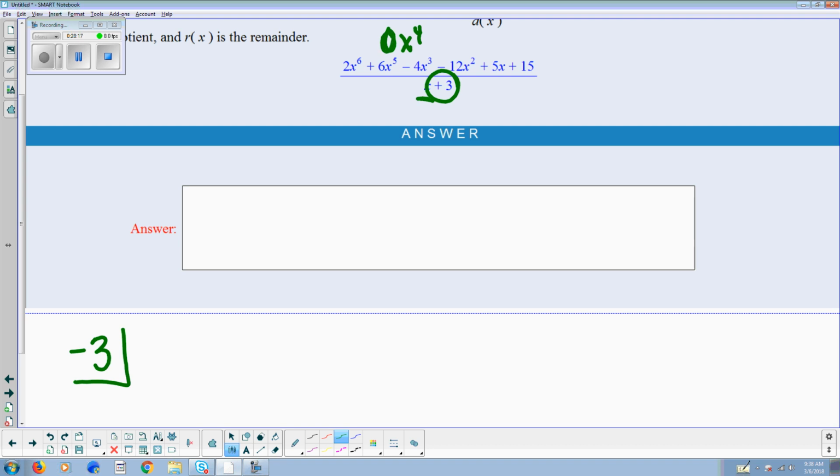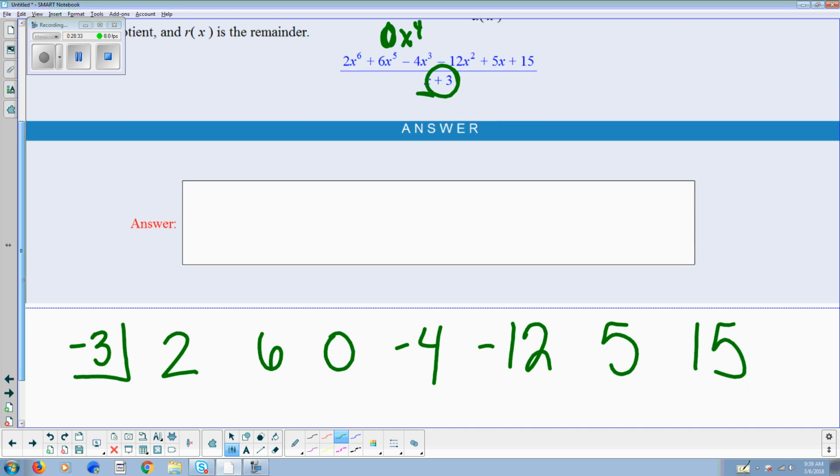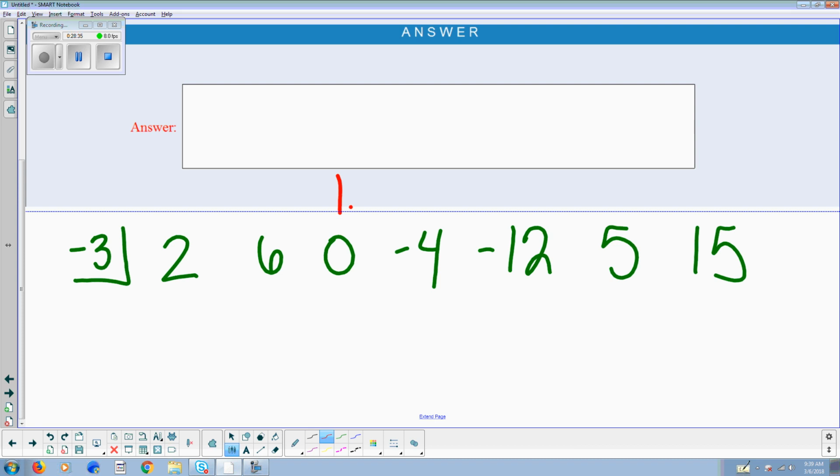So I will have a 0 coefficient in my work. So I'm going to say 2x to the 6th plus 6x to the 5th plus 0x to the 4th minus 4x to the 3rd minus 12x to the 2nd plus 5x plus 15. So again, right there, if you leave that out, it's going to throw your answer off.